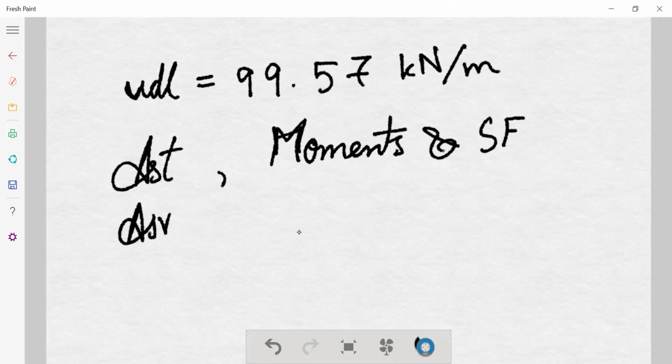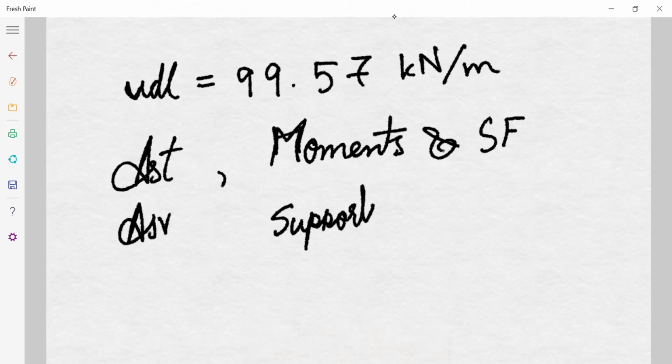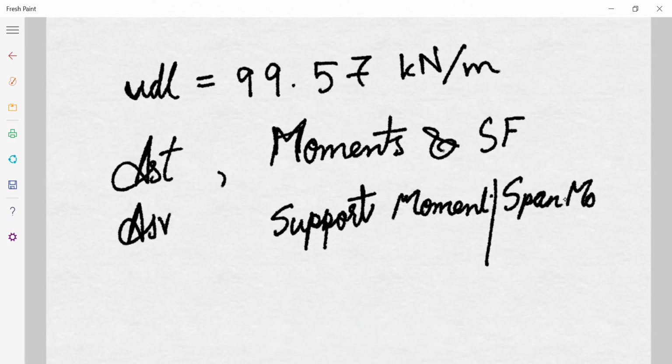These coefficients are given for support moment, and another is for the span moment.